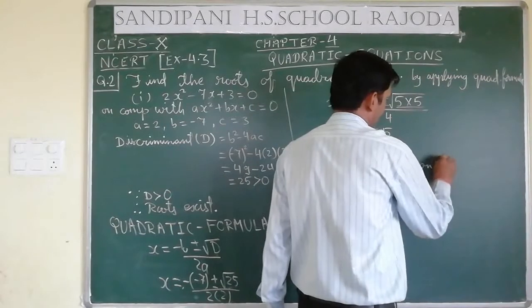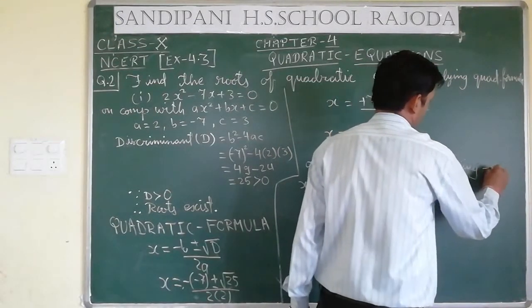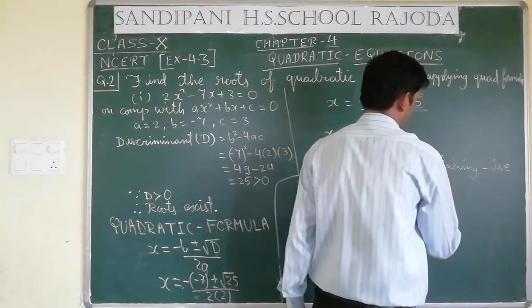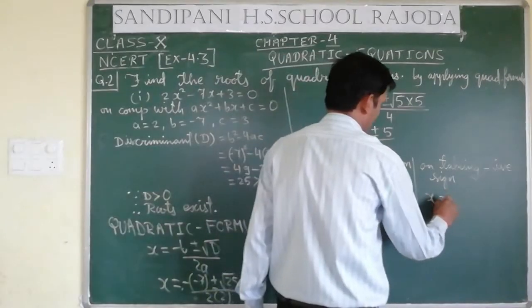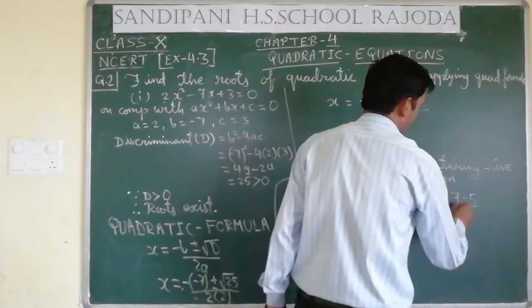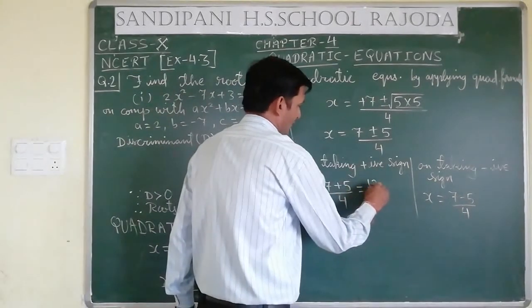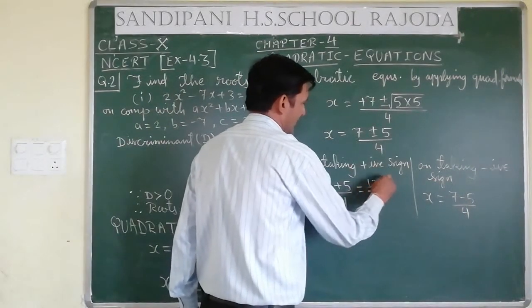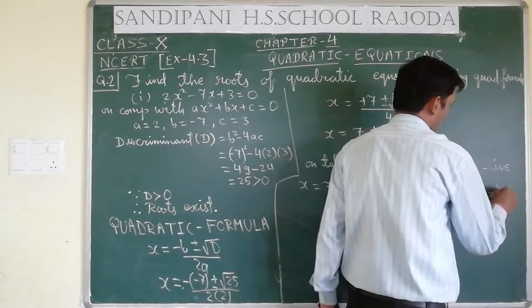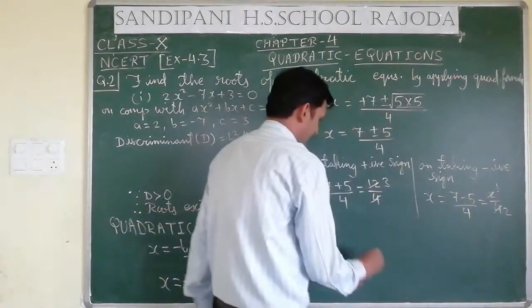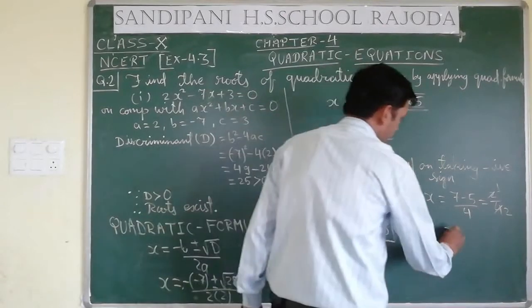On taking the negative sign, this will become x is equal to 7 minus 5 upon 4. So here it is 12 upon 4, so 4 threes are 12, and here it is 2 upon 4, that is equal to 1 upon 2. So x is equal to 3 and x is equal to 1 by 2.